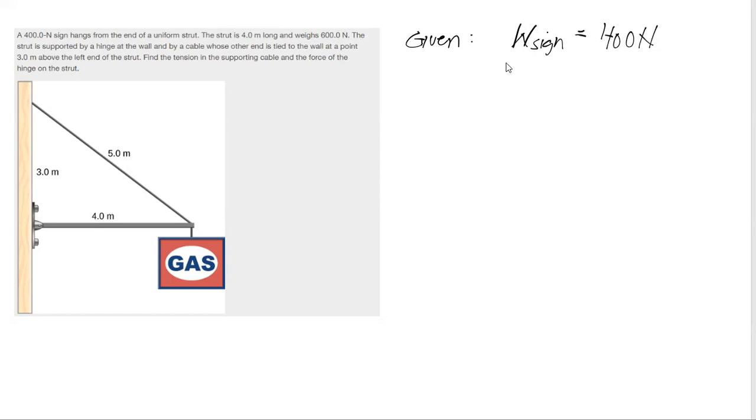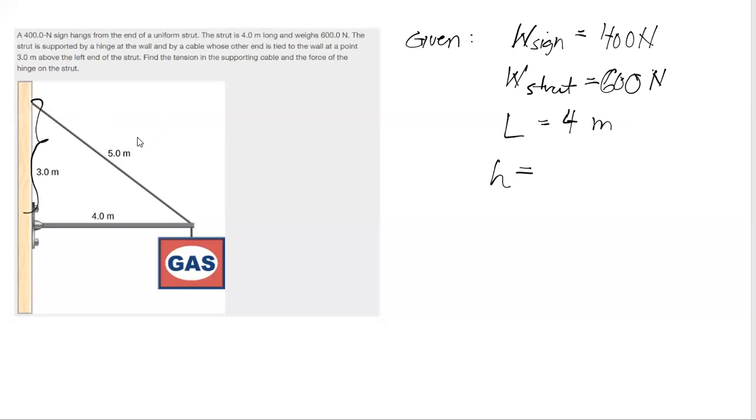We know the weight of the strut, which is 600 newtons. We also know the length of the strut, which is 4 meters. And we know the height, or distance between the hinge and the top of the string, to be 3 meters.